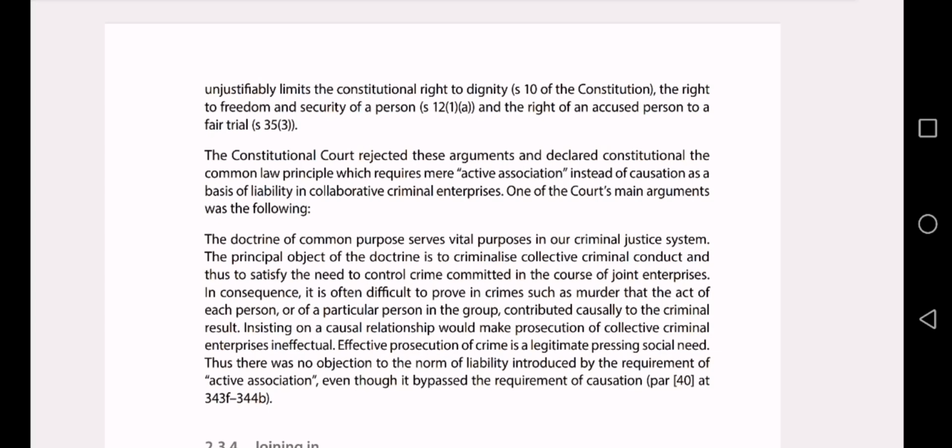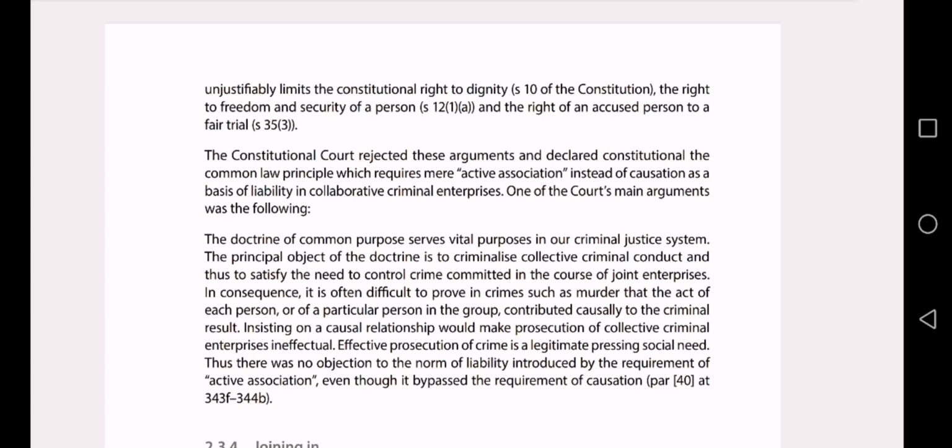The Constitutional Court rejected these arguments and declared constitutional the common law principle which requires mere active association instead of causation as the basis of liability in collaborative criminal enterprises.